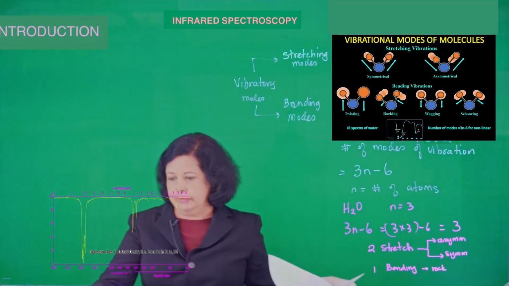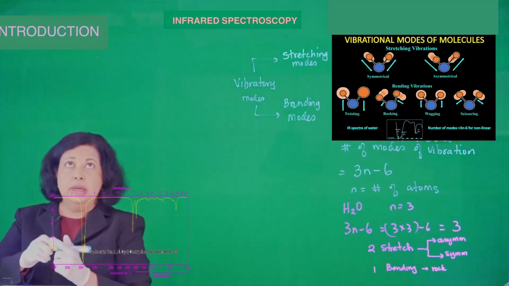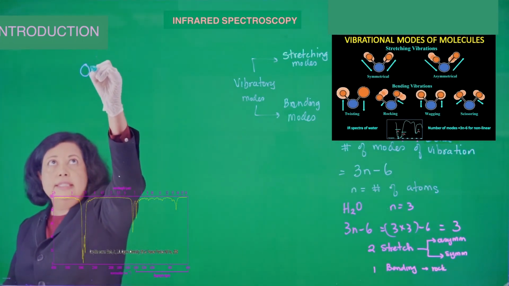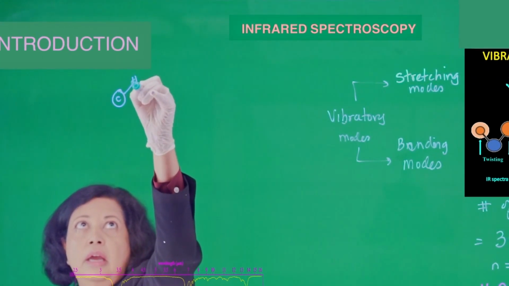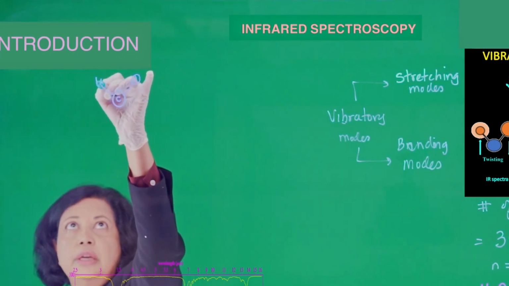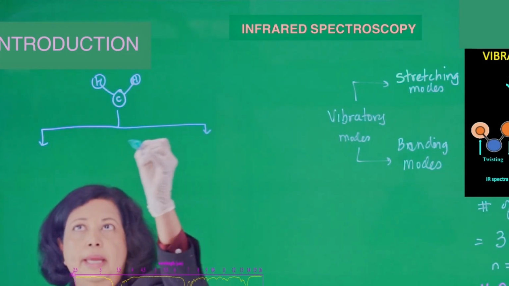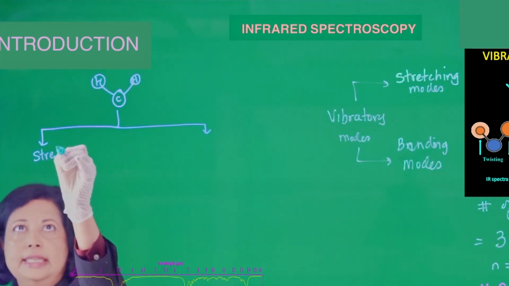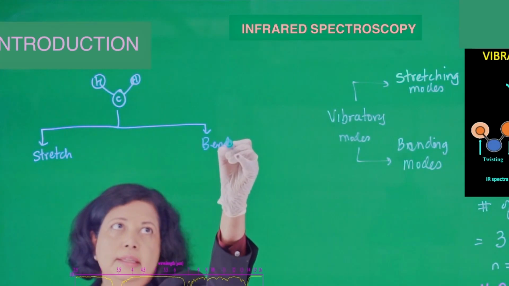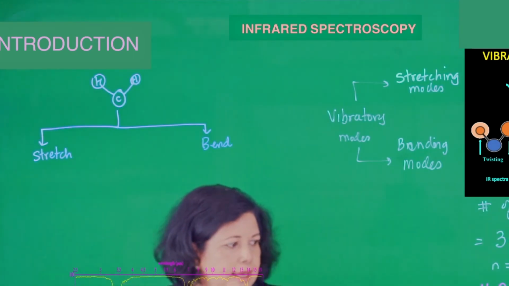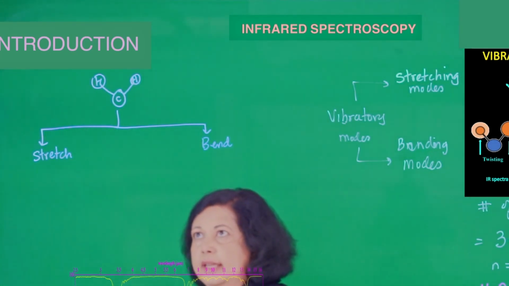For example, if you take CH2 and do the same thing, if you take C and H, you can have stretch and bend. This is just an example. In the stretch, you can have again asymmetric and symmetric.